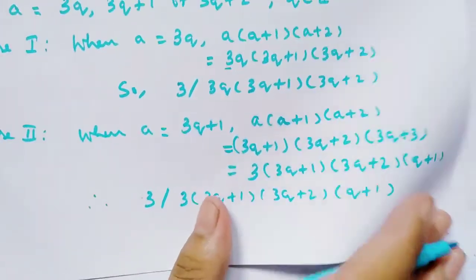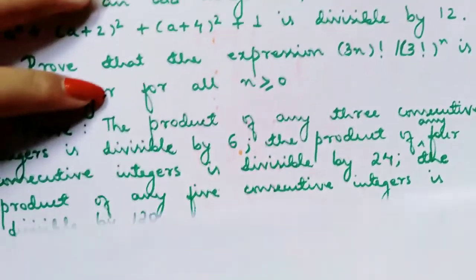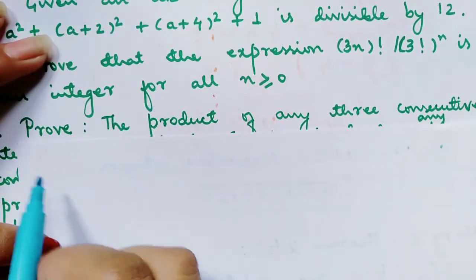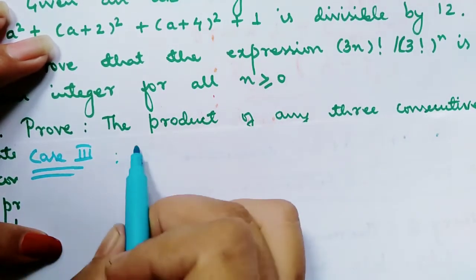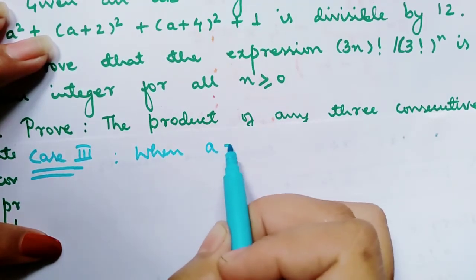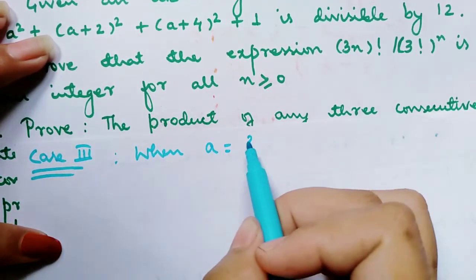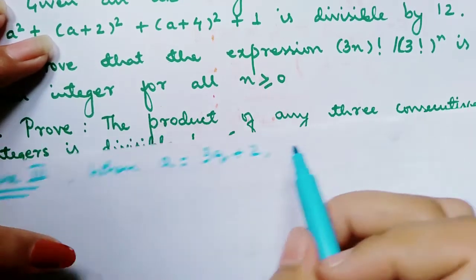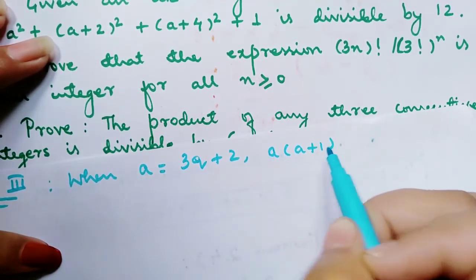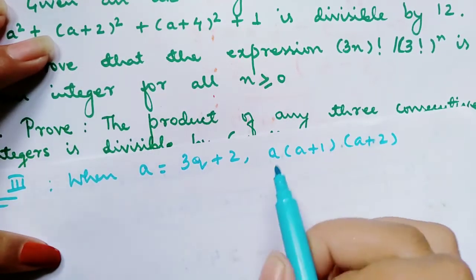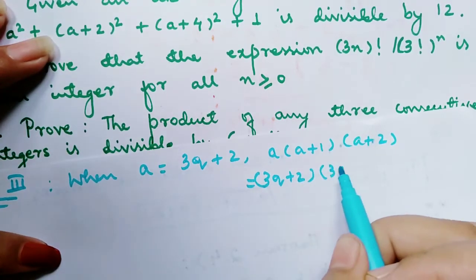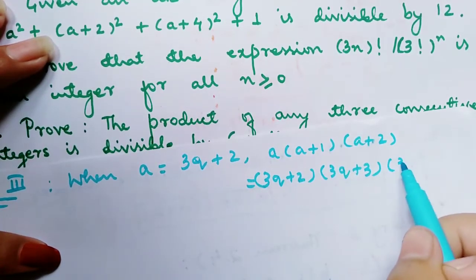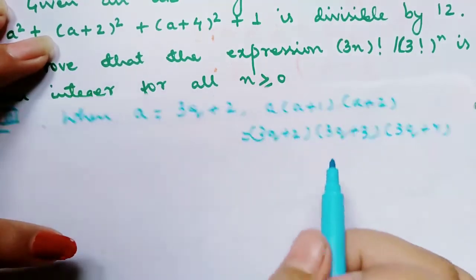Now we check case 3, when a is equal to 3q plus 2. Then a into a plus 1 into a plus 2 becomes 3q plus 2, 3q plus 3, 3q plus 4.